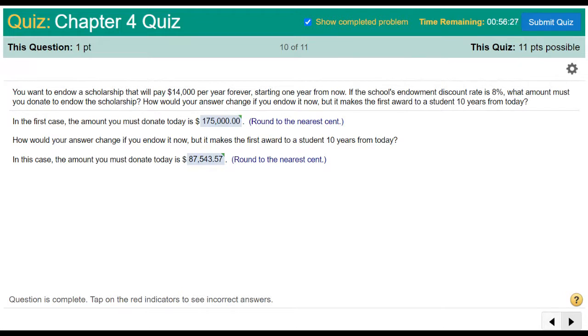And on the 10th year, we'll give the money out. What do I have to do? They said, okay, so donate 87,543.57. And then in 9 periods, it's going to grow to 175. And when it goes to 175, at an interest rate of 8%, it will pay out $14,000 forever.